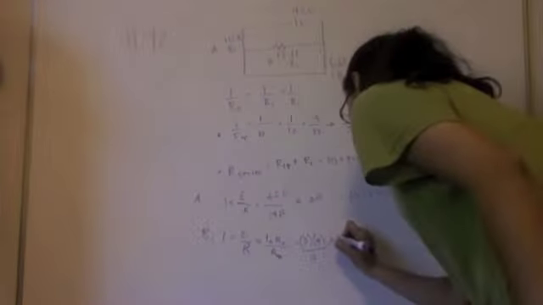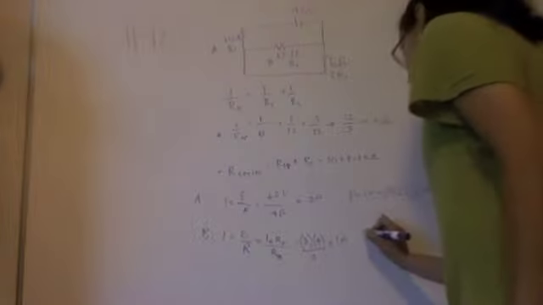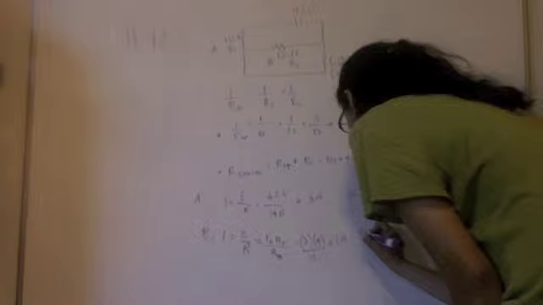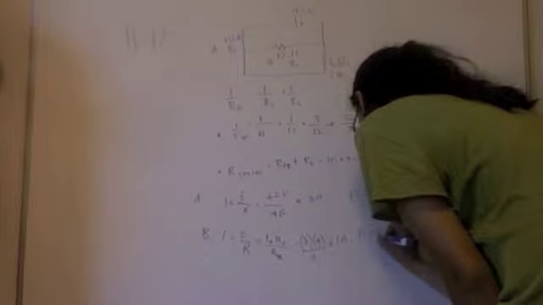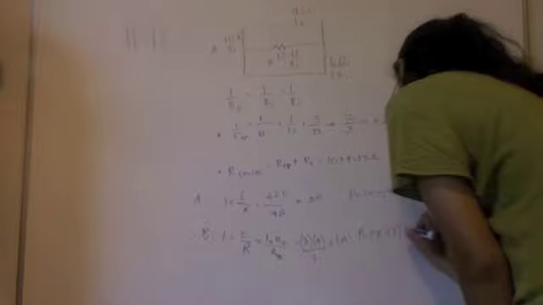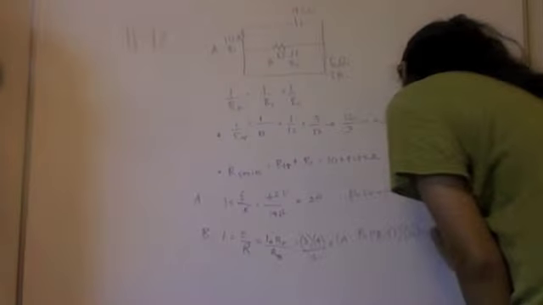So this is going to give you 1 amp. Then P is equal to I squared R, which is 1 squared times 12. So that's equal to 12 watts.